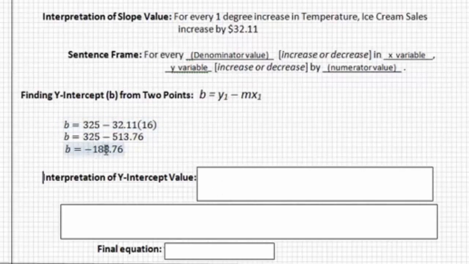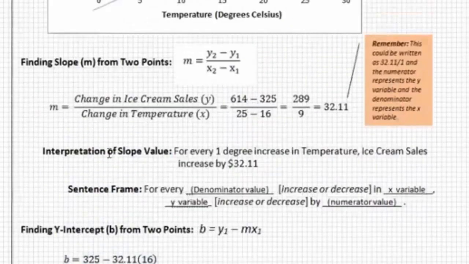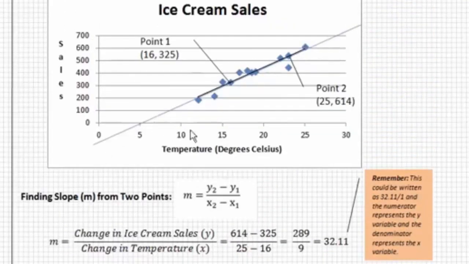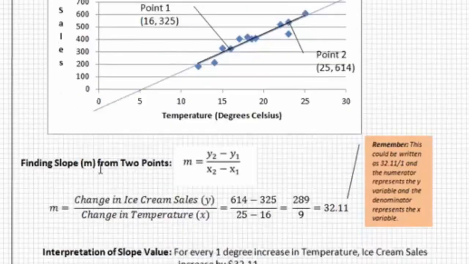Well, if I have a negative B value, it's crossing here. When the temperature is 0, sales is going to be negative. Now let's think about what that might mean in business. The temperature is 0. They have a negative sales.